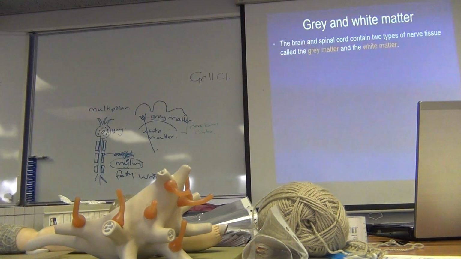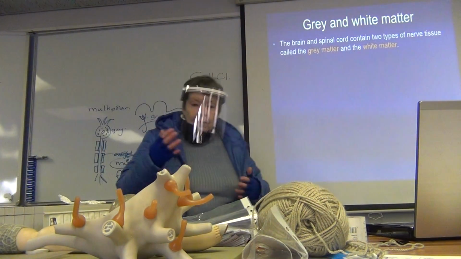So the outer layer is the cortex, and the inner layer is the medulla. And in the root as well, cortex, medulla. So it's always cortex towards the outside, medulla towards the inside. So it's just the same thing.